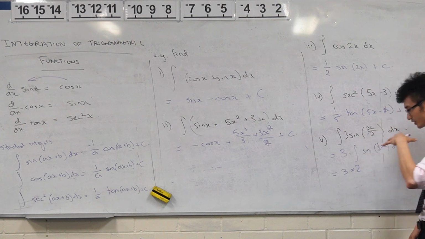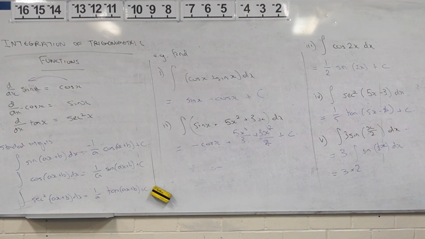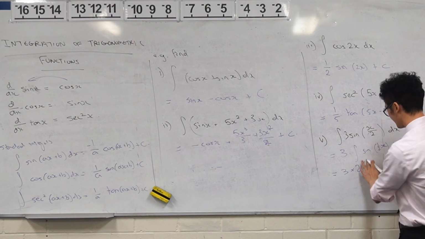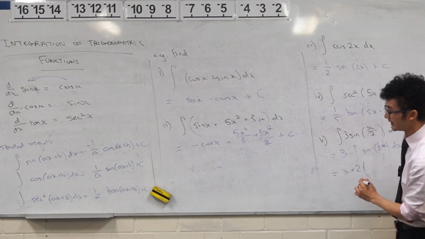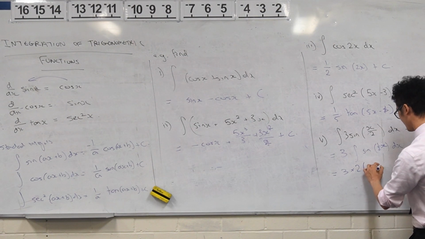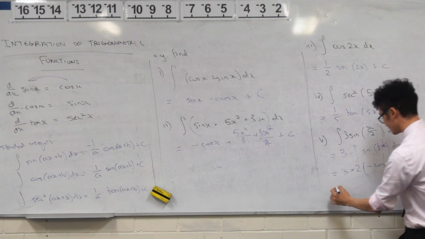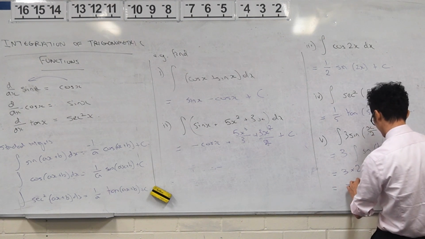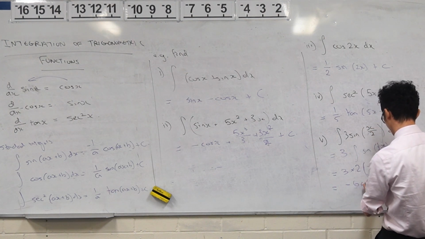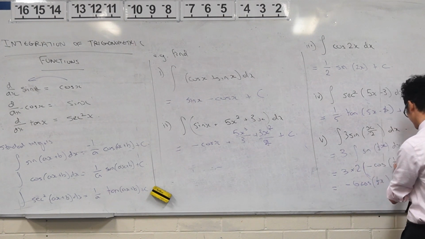Okay? So that's something a bit different because the a value is a fraction, but we can still approach it in a similar way. And then I'm going to get negative cos half of x plus any constants. So I'll just get negative 6 cos of half x, sorry, plus constants.